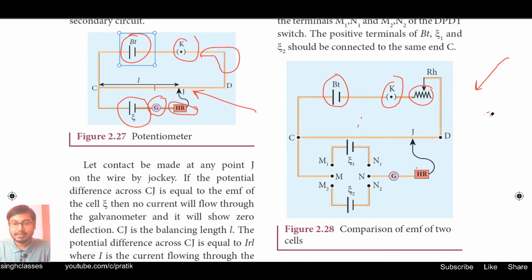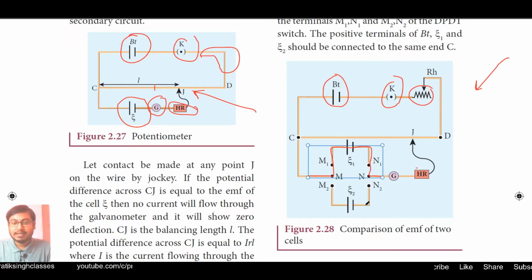Same thing is here. When M is connected to M1 and N1 is connected to N, the current will flow like this. It will come like this, from this cell and to this circuit.